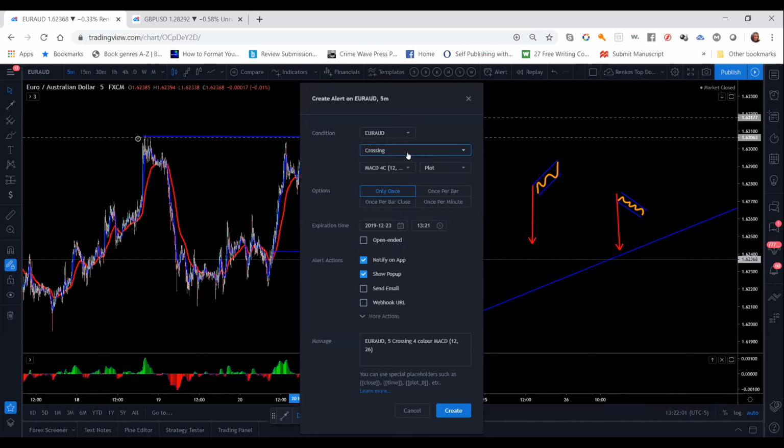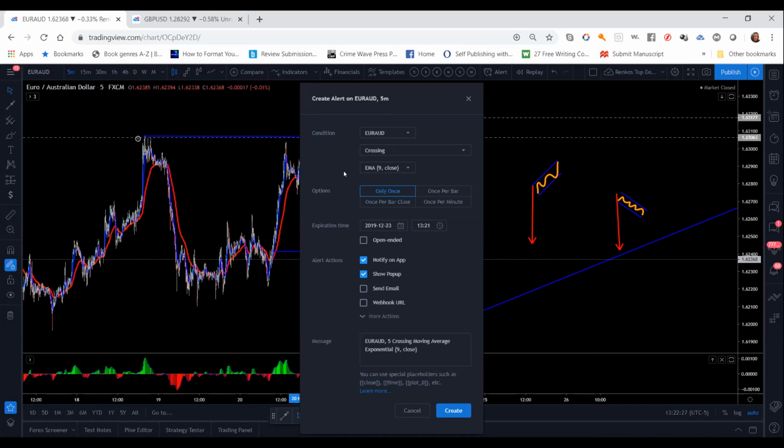I just put crossing. So when it crosses the zero line, you can have that, or when it crosses the signal line, you can choose the different options. So you can play around with that. Your EMA right here, crossing down or up, you can set that as well.